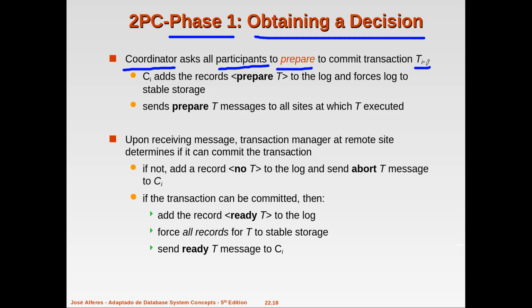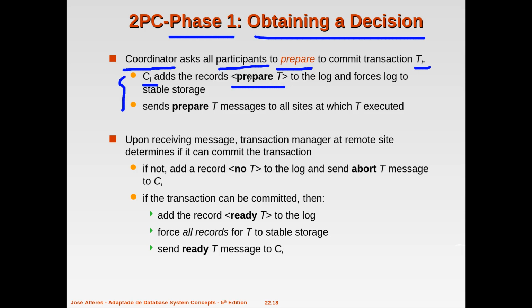After reaching the last statement of the transaction, the coordinator will ask all the participants to prepare to commit transaction TI. For that, the transaction coordinator adds the record prepare T.